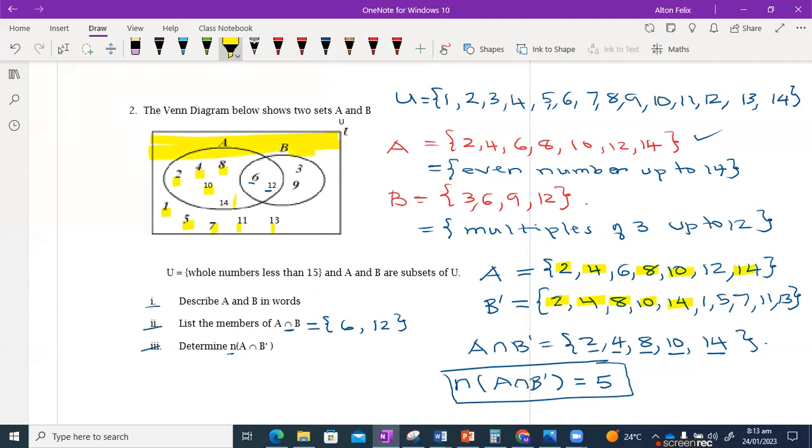And if we look at the diagram here, we know B complement would consist of all those numbers outside of the set B. So we will shade outside of the set B. So this is another method if you wish to use the diagram and you shade. So that is first your B complement, everything outside of B.